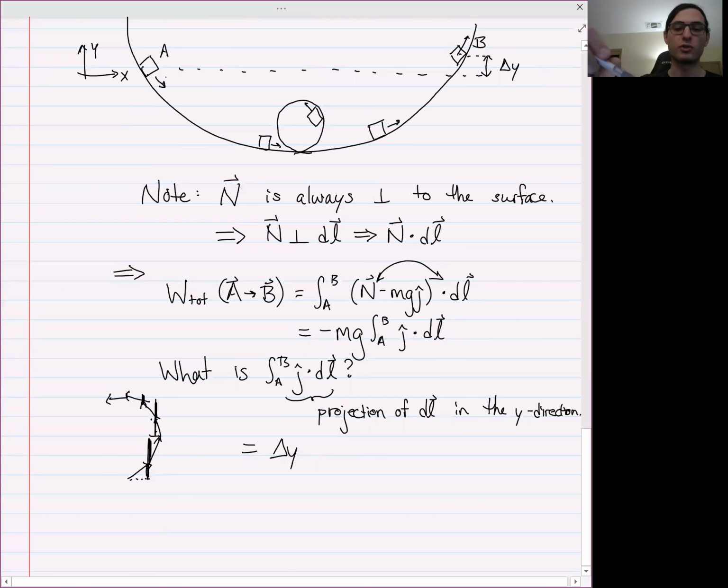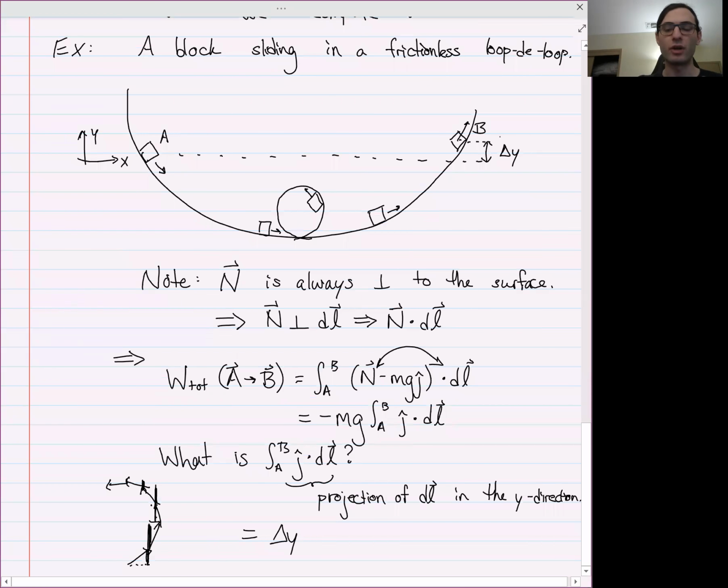Sometimes they will be positive and then negative again in the loop, then it'll go back up. But the end result is we're just adding a little bit of dy, then subtracting a little bit of dy, then adding a little bit of dy. But at the end of the day, we're just adding the amount that's gone down and the amount that's gone up. And that is just delta y. It's just the final height minus the initial height.